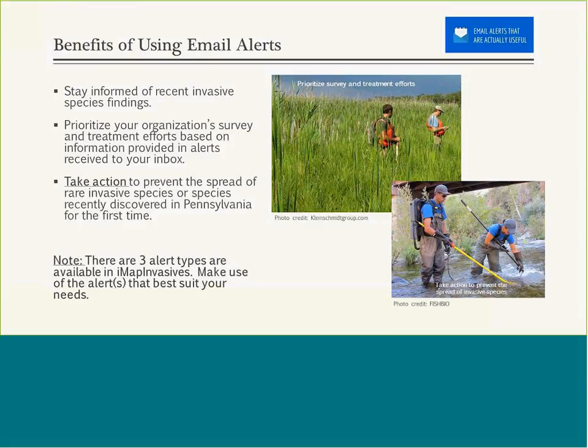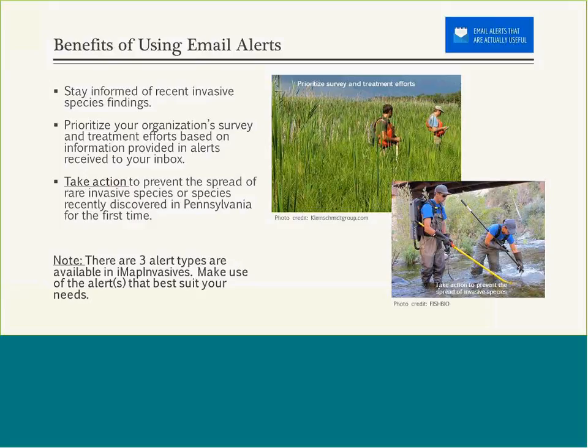Alerts are a way that iMap provides so that you can stay more informed of recent invasive species findings that are reported to the database. You can use them to prioritize your organization's survey and treatment efforts based on the information that you have set up in an alert.